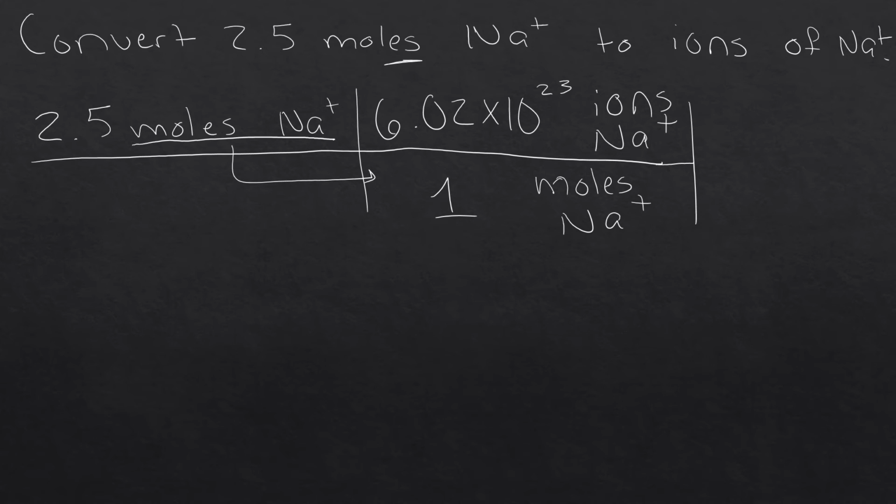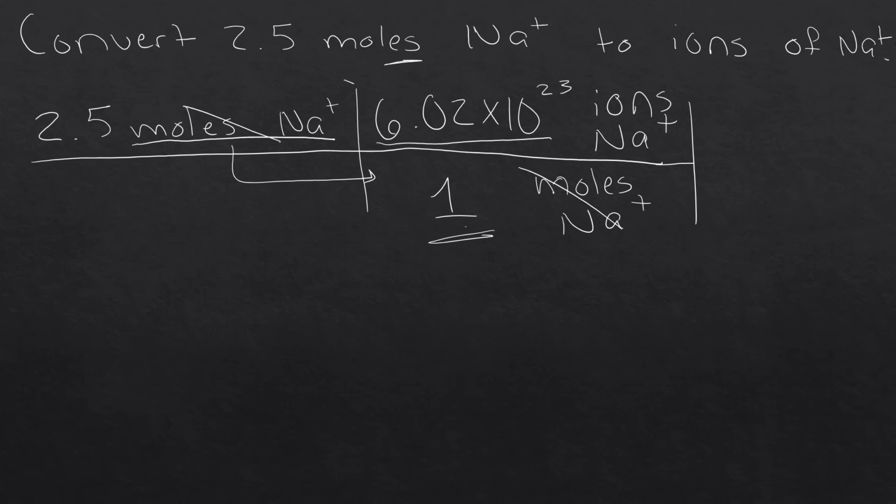And so our moles would cancel because they're being divided by each other. Just like a conversion factor of 1 dozen is 12 of something, so 1 dozen is maybe 12 apples, 1 mole is 6.02 times 10 to the 23rd ions or molecules or atoms. And so we can use that as a conversion factor.